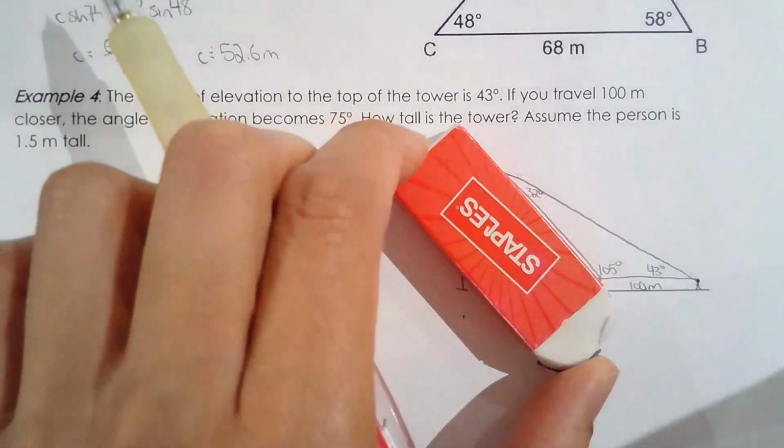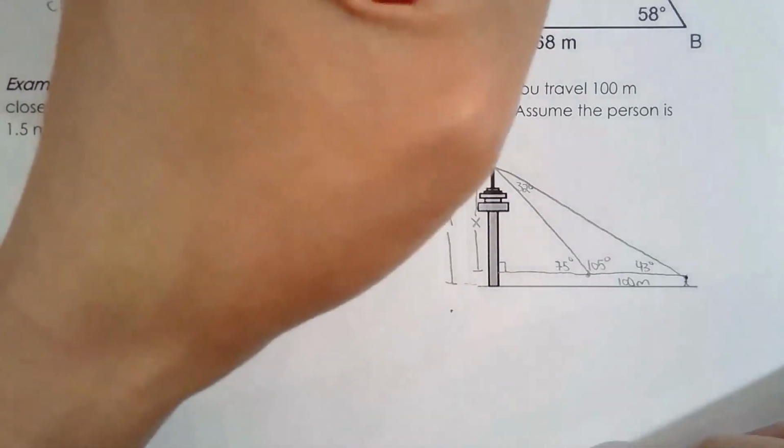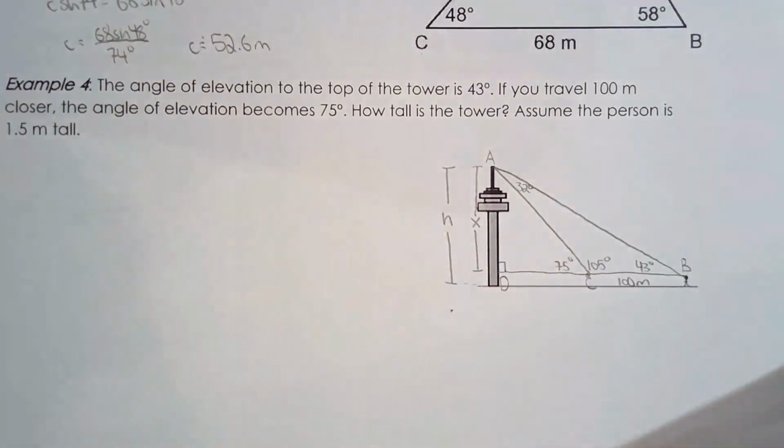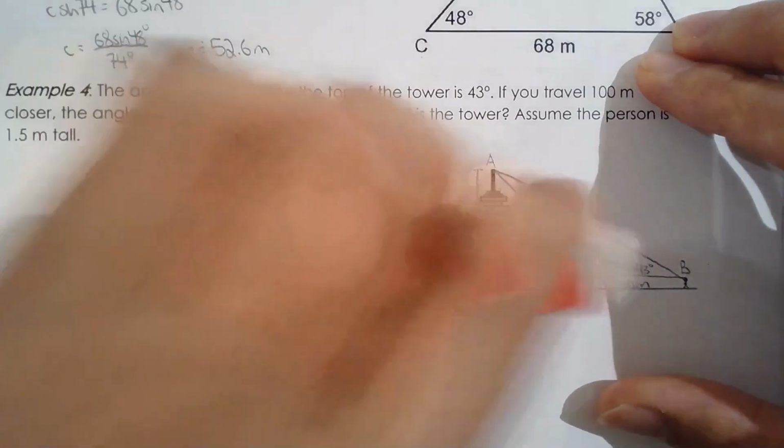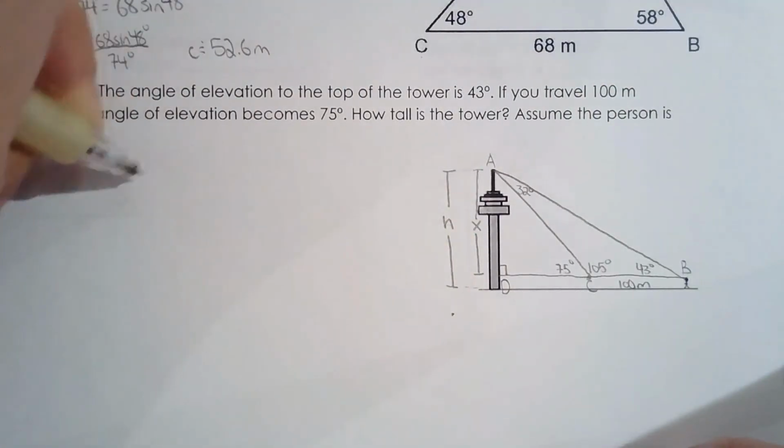I'm going to show my work here so I don't lose any information. I want to make sure everyone's following along properly. I'm going to show you how I got angle 105.